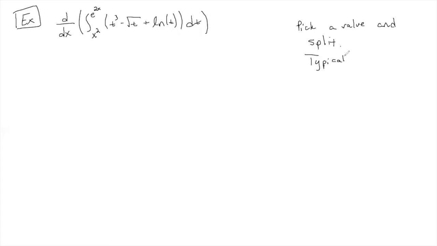So what I can do is, typically, we just pick 0. And this is always possible. You can always pick 0, whether it's in between these two functions or not.